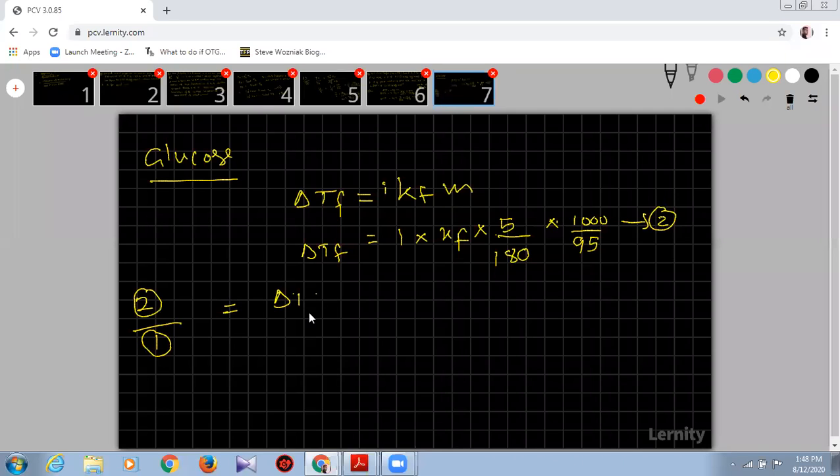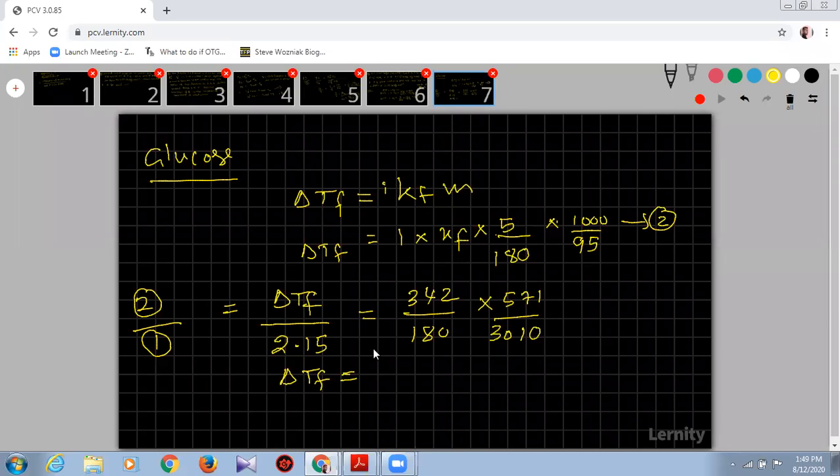Delta TF in the earlier case was 2.15, and then it is equal to 342 by 180 into... You cannot do more calculations now; finally you will get it like this. The multiplications I am not doing here because it takes a lot of time.